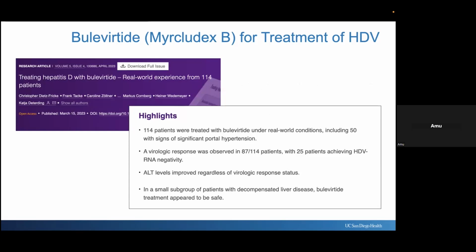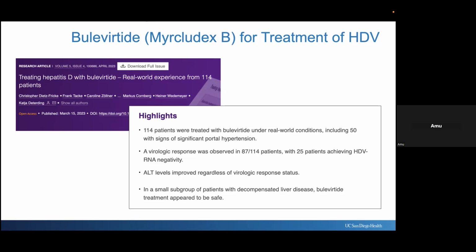This is something I just added today that I found, but basically, the European Medicines Agency conditionally approved the use of bulevirtide, but it's not approved in the US yet, of course. So there's some real world experience from patients in Germany.